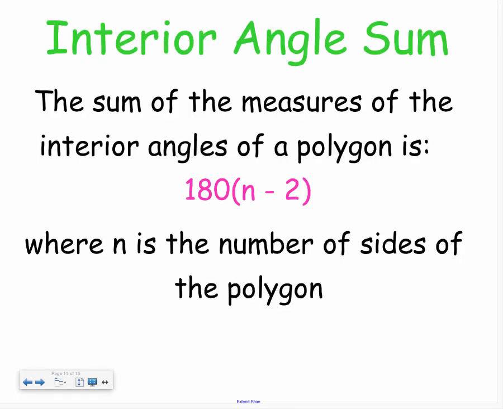The interior angles of any polygon can be found by the formula 180 times (n minus 2). N stands for the number of sides of the polygon. So we take the number of sides, subtract 2, and we can multiply by 180 to figure out the sum of the angles of our polygon.